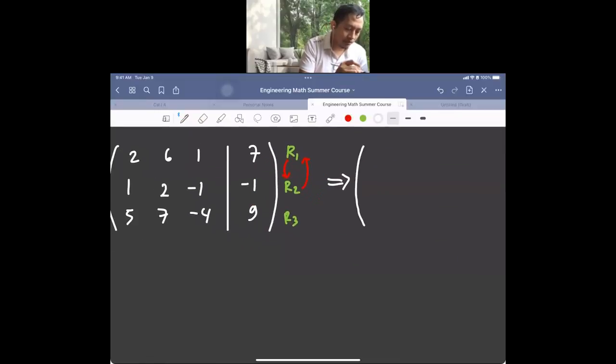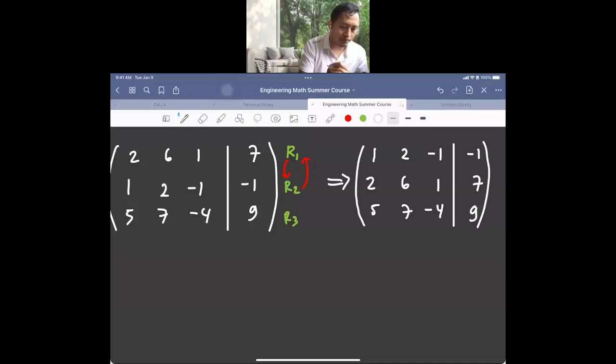We write the first row as 1, 2, -1, -1, and then 2, 6, 1, 7, 5, 7, -4, 9. So we exchange row 1 and row 2, and we have 1 here.